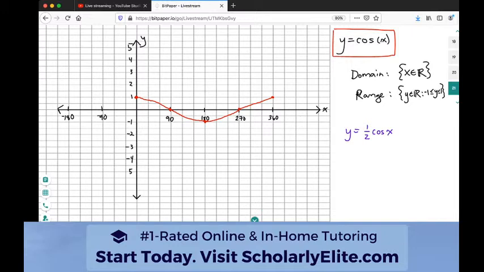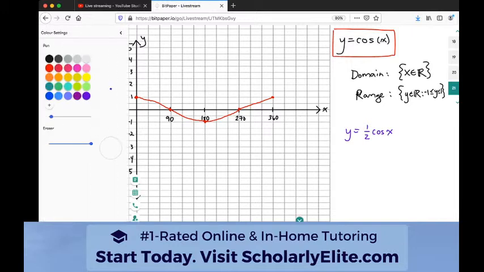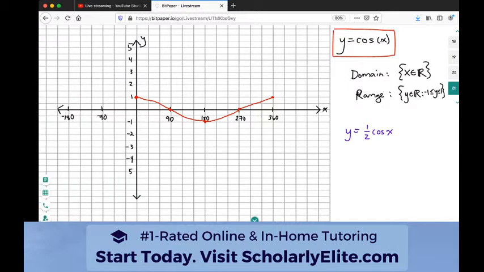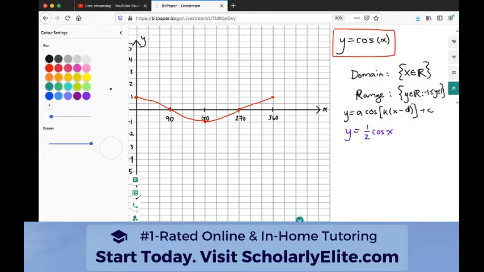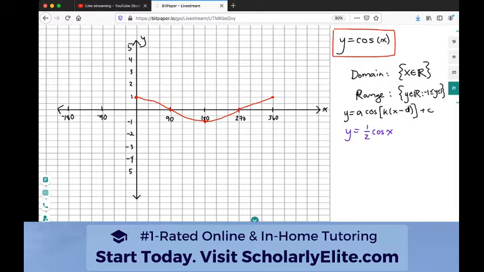Remember this a value, in the format y equals a cosine k x minus d, plus c. The a value is the vertical stretch, also known as the amplitude.